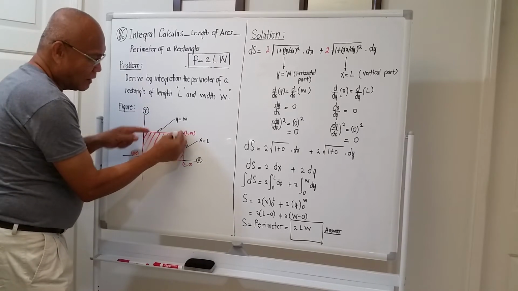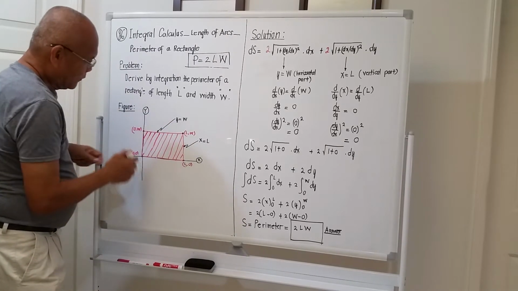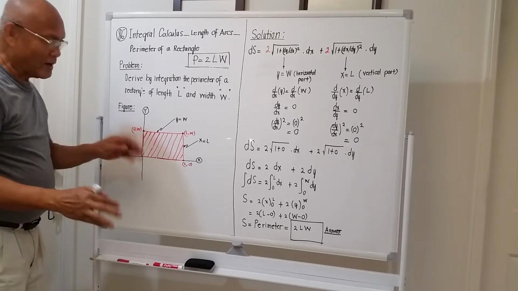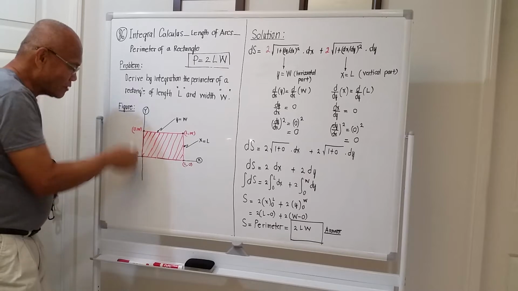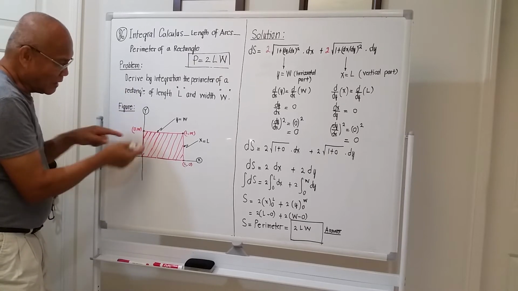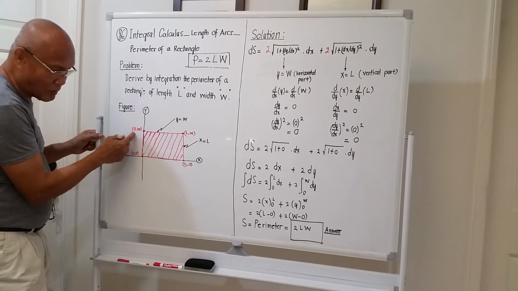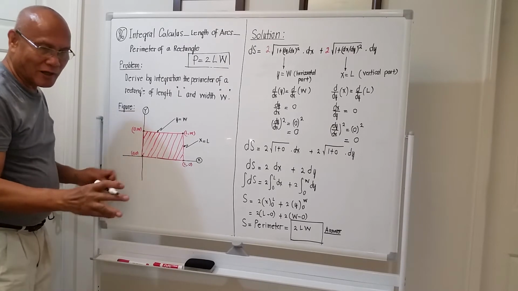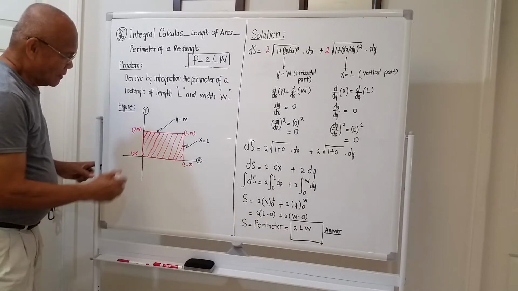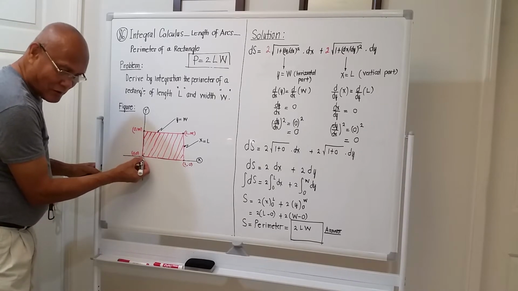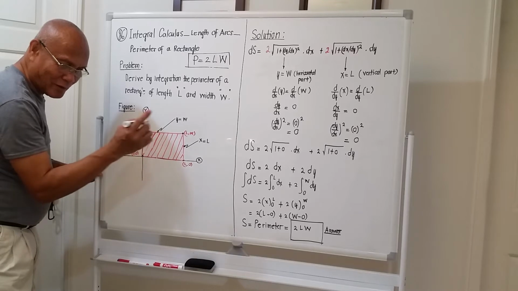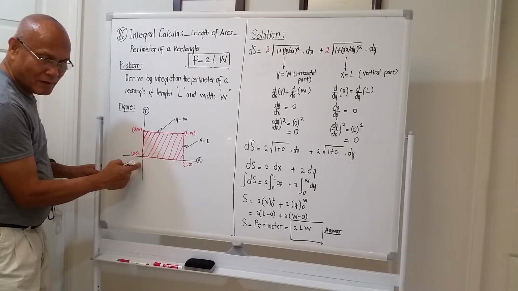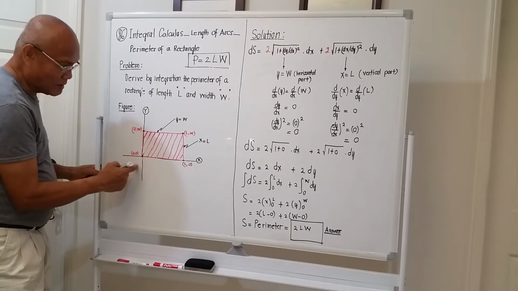This is L and this is W. This one here falls on the y-axis, so the value of x, or abscissa, will be 0 and the height will be W. So this is (0, W). The first one, which coincides with the origin, has x equal to 0, meaning the abscissa, and the ordinate is 0. So the coordinates of this one are (0, 0). Meaning x is 0, y is 0.